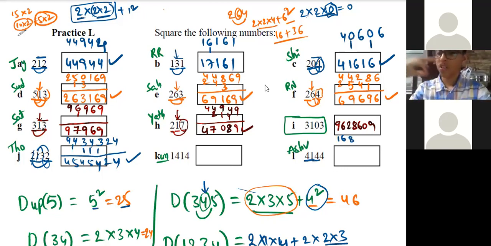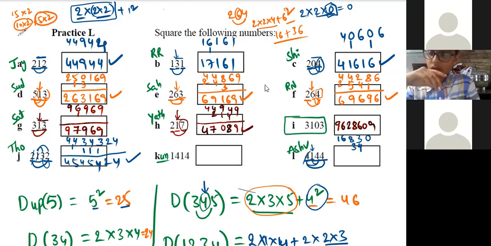Then 414: 2 into 4 into 4 is 32 plus 1, 33. Then the total number duplex: 2 into 4 into 4 is 32, plus 2 into 1 into 4 is 8. 32 plus 8 is 40. Then ignoring 4, the 144 duplex.